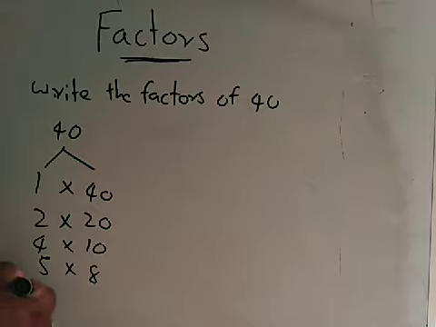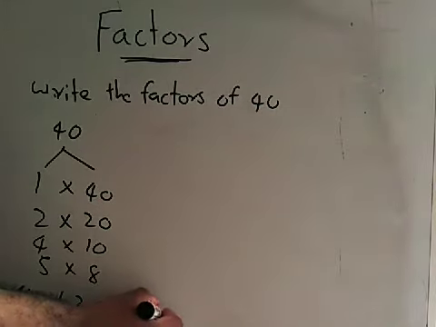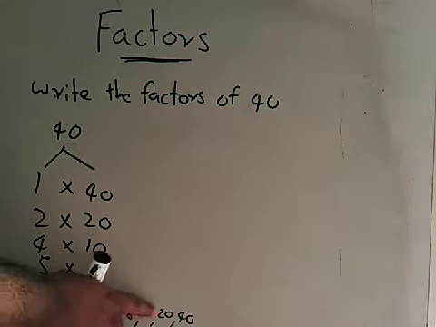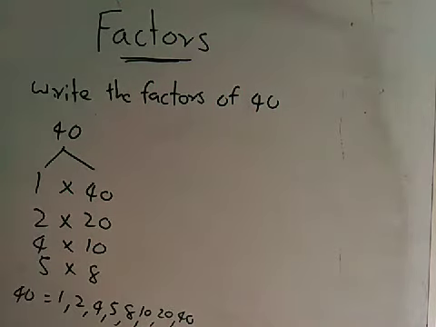Then the factors of 40 are 1, 2, 4, 5, 8, 10, 20, 40. How many factors are there? There are 8 factors of 40.